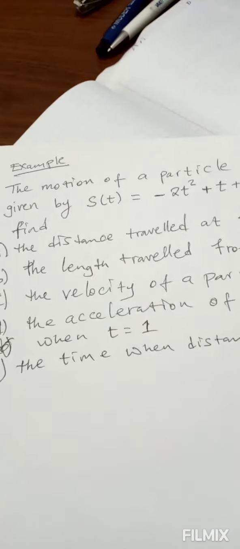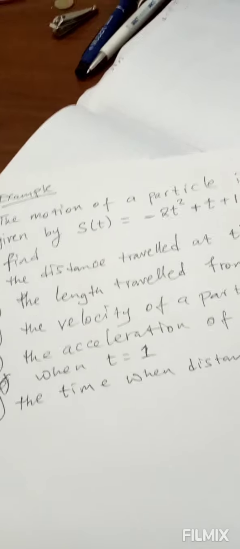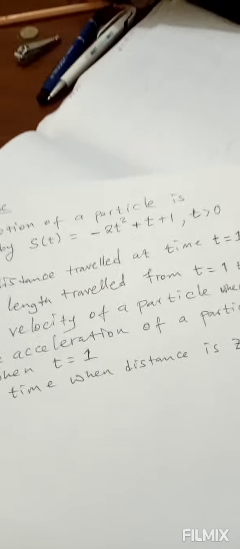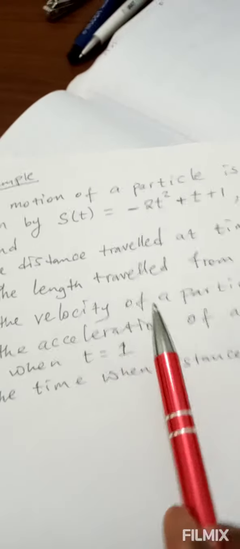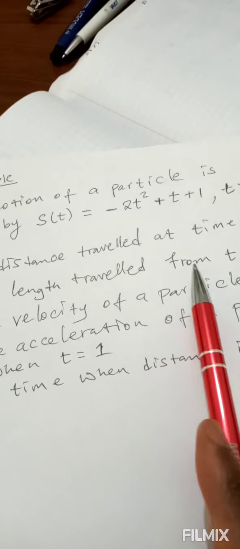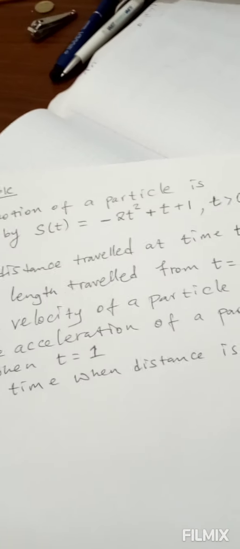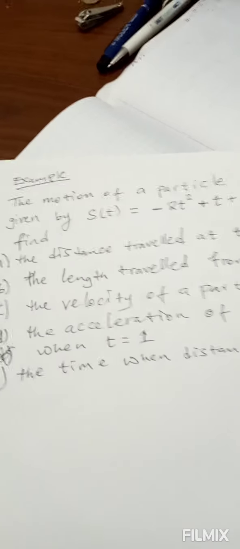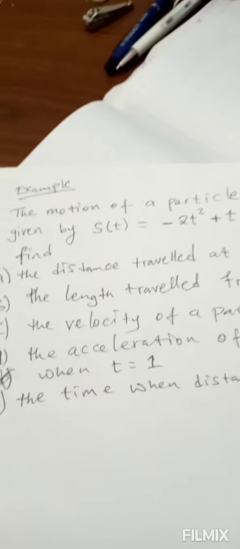Let's say the motion of a particle, we take a moving particle, is given by s of t is equal to minus 2t squared plus t plus 1 for time greater than 0. Now this particle is moving in a parabolic motion, because it is modeled by a quadratic equation.